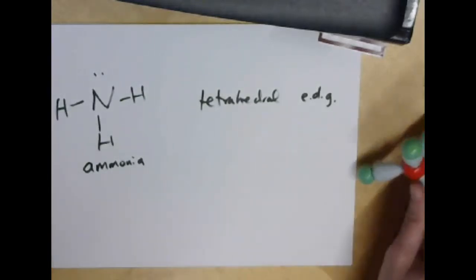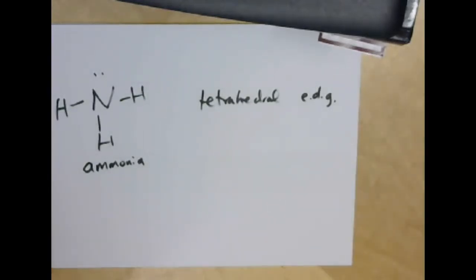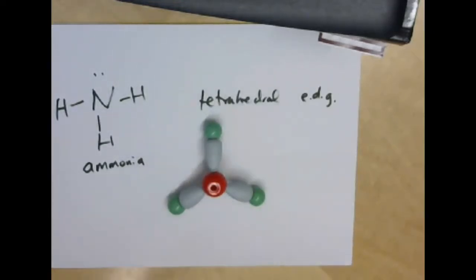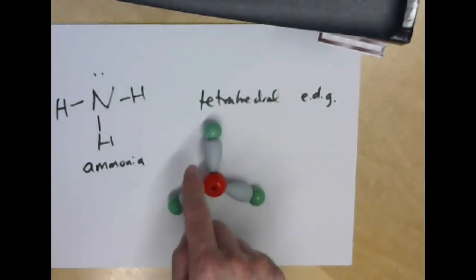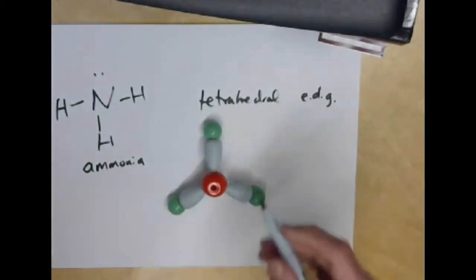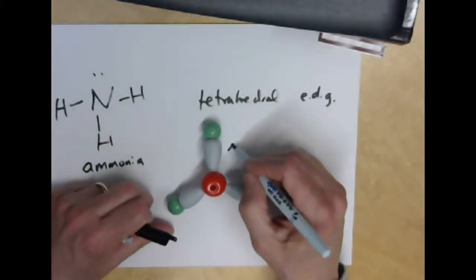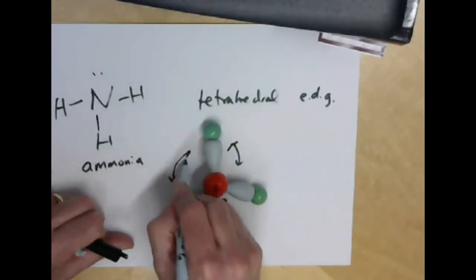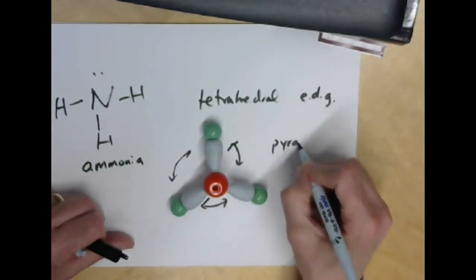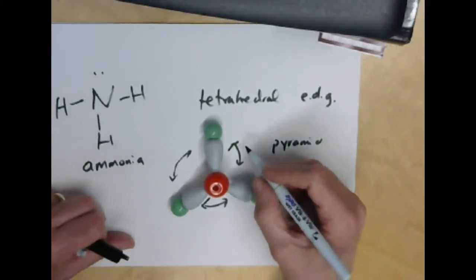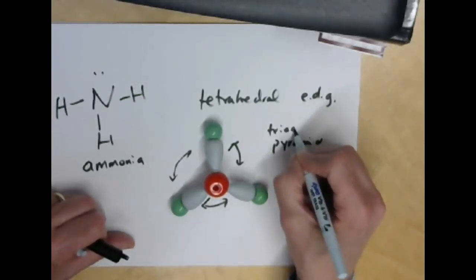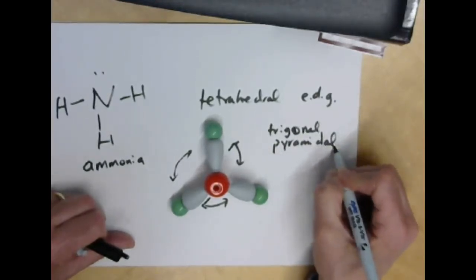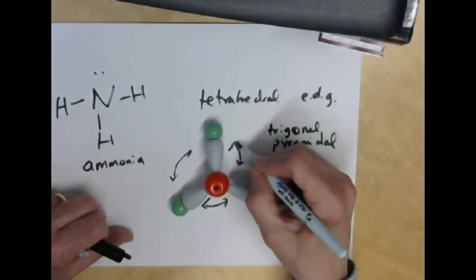But when you look at the atoms that are involved, this is what we're going to truly call, you see the 3 angles here. This is truly a pyramid. There are 3 angles, so we're going to call this a trigonal pyramidal shape.